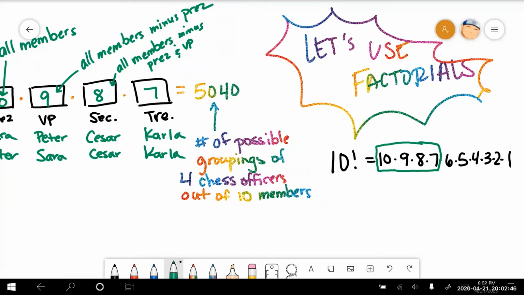Wouldn't it be nice if we could use some math to get rid of that extra stuff? Well, lucky for us, there is some extra math I can do. And you know this math. You've known this math since Algebra 1, right? If I want to get rid of something and it's being multiplied, I'm going to use my division property of equality to cancel it out, right?